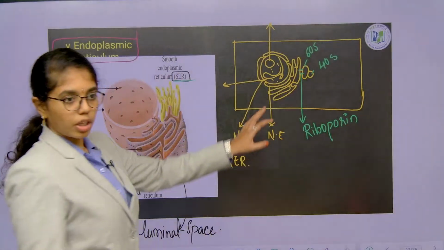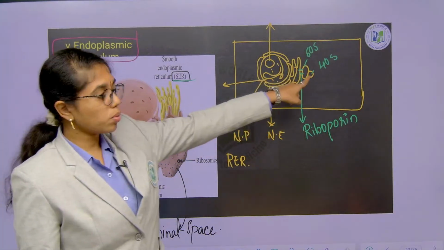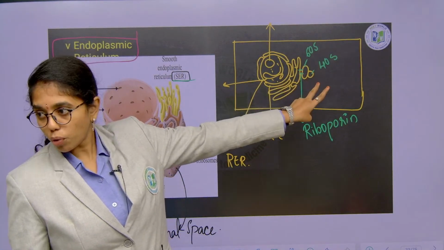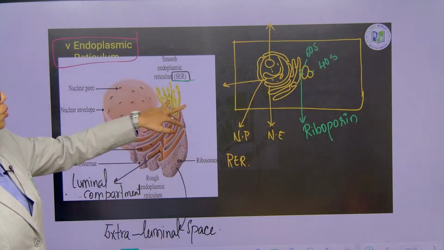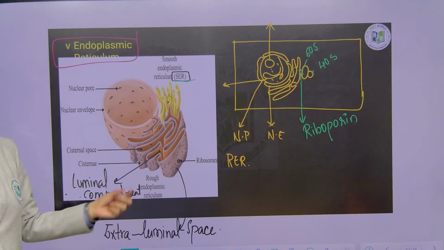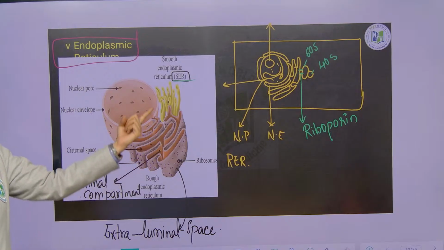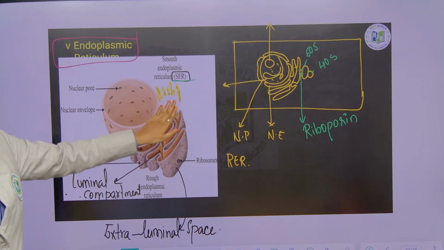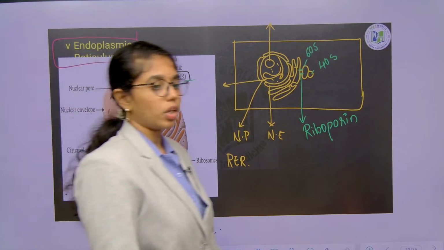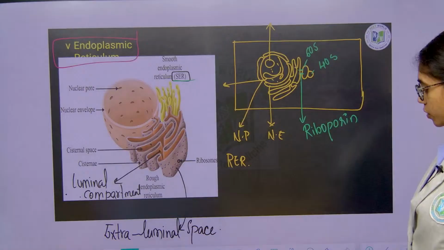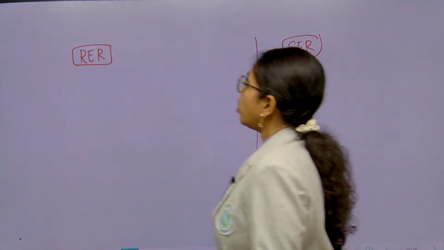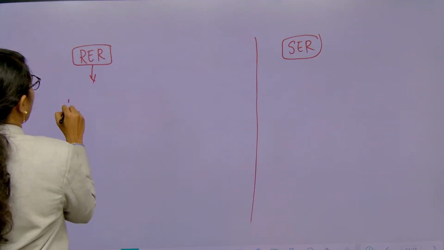Ribosomes, what subunit is attached, through what it is attached, and how smooth endoplasmic reticulums are there. Mostly these are lamellar, cisternae-like structures, but this will be of tubules. Smooth endoplasmic reticulum will be mostly of what? Tubules.